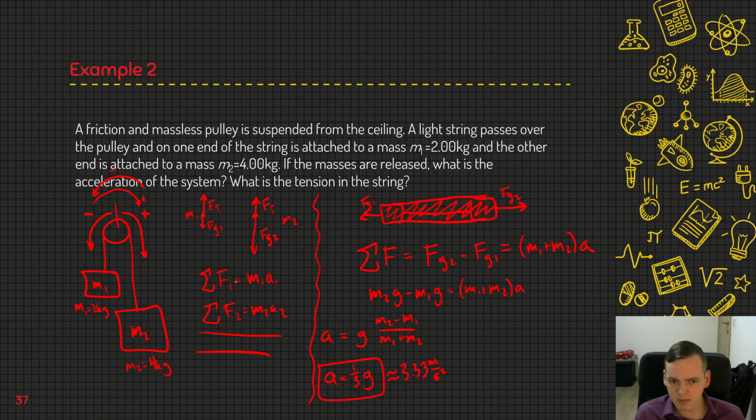We will have to do a system of equations to find FT though, because for, say, mass 1, the net force is FT minus M1G, and that's going to equal M1 times A. So FT equals M1 times A plus G. So FT is going to equal M1 times 4/3 G, and that's going to be what?